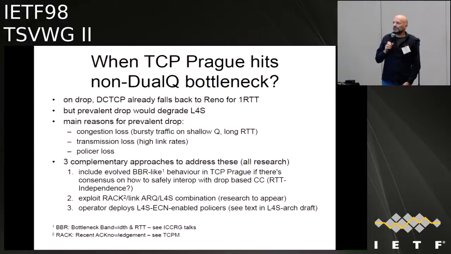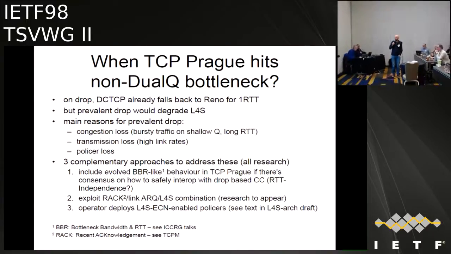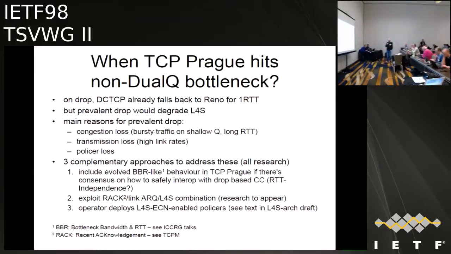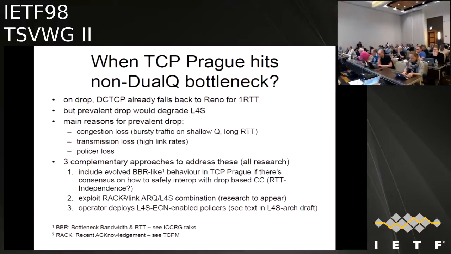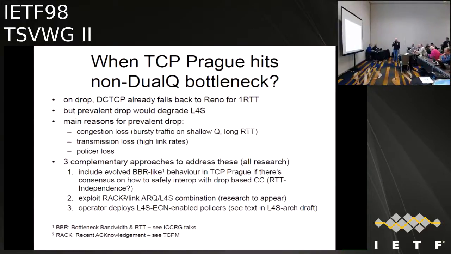So this is, for example, for a single bottleneck, when dual queue hits a normal bottleneck. So if data center TCP hits a normal bottleneck, it will also have drop. And there is currently quite some discussion on whether drop probability is a problem for throughput.